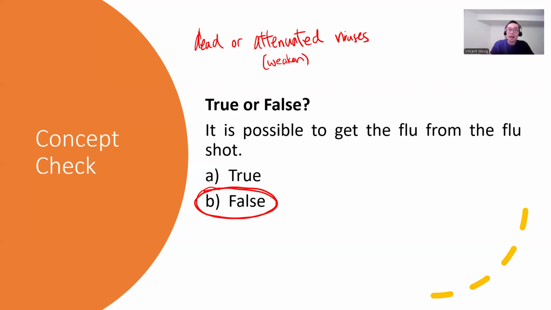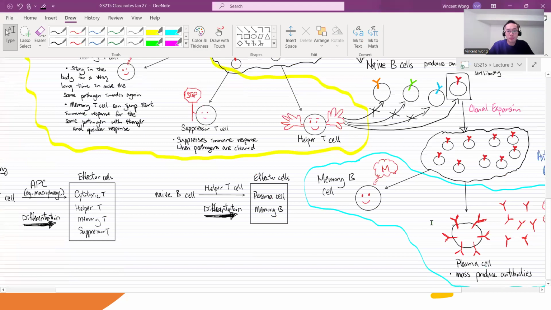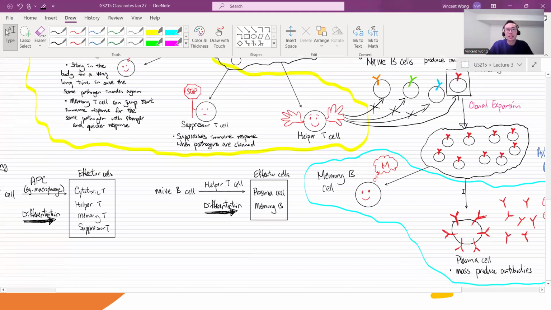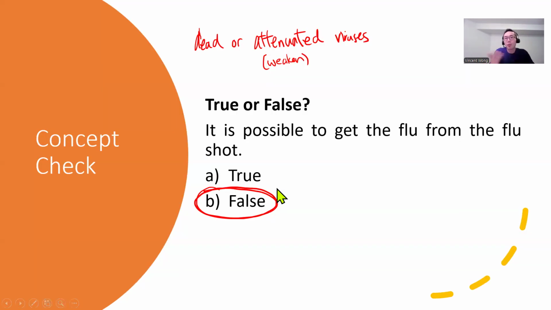Okay. And based on what I taught you today, I hope you understand this whole adaptive immunity takes time. If you get the flu shot, you're not going to get protected by the shot right away. It takes time to develop the immunity. Sometimes it might be 4 days, 5 days, or even a week.